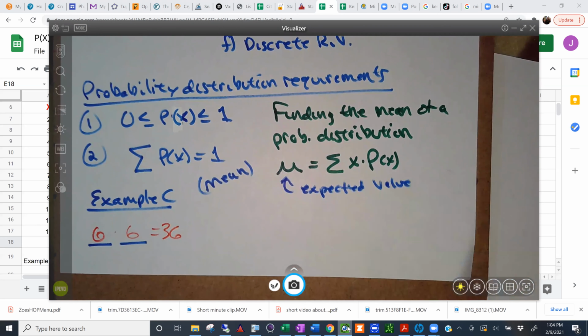An expected value is nice because it gives you insight into what that actually means. What this is telling you is if you did this experiment hundreds and hundreds or thousands of times, on average, you would expect to get a 7. That's what you would expect. That would be your average roll.